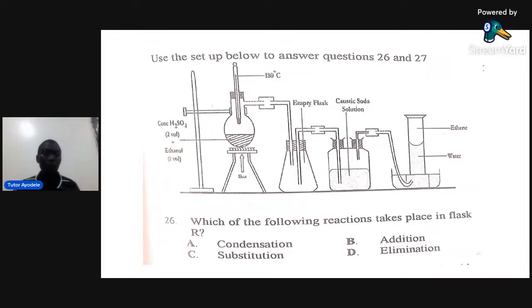So option C is also wrong. Condensation is automatically wrong. So what happens there is elimination. I eliminate H2O from it. I remove it. I subtract it from it.